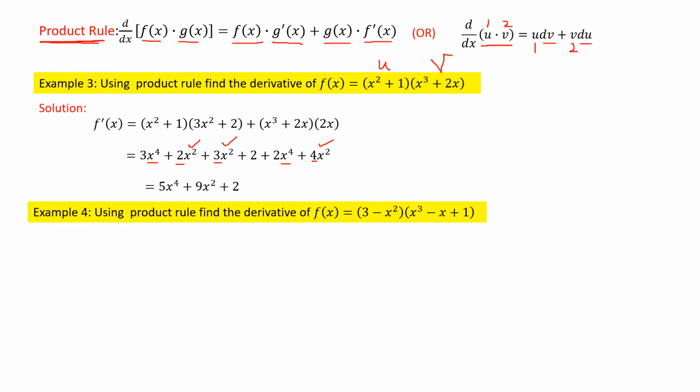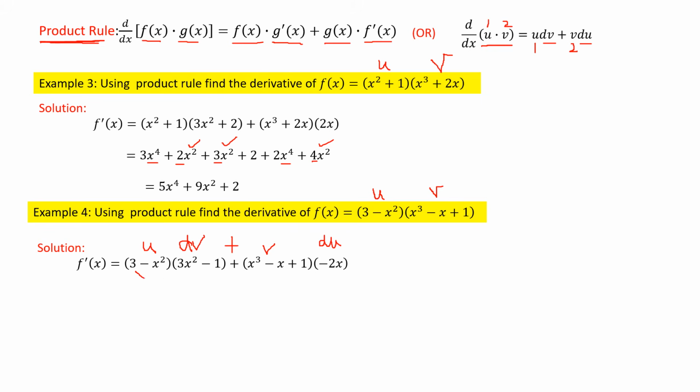Same way we can do the next problem. Now my first function u is 3 minus x squared. My second function v is x power 3 minus x plus 1. Once again, by applying the derivative rule, we will get u dv, that is derivative of the second function, plus v du, derivative of first function.